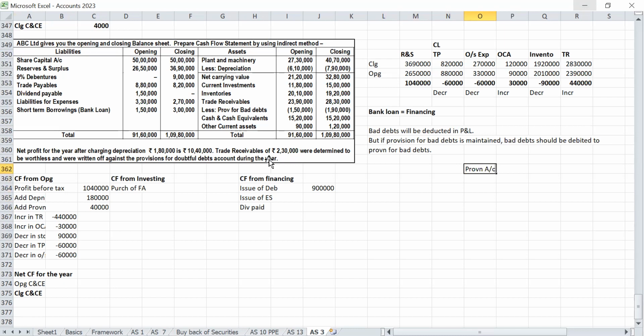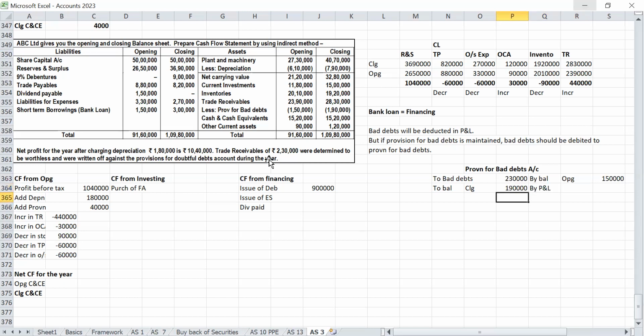What is the format for provision for bad debts account? Provision is a liability. By balance brought down, opening balance 1,50,000. To balance carried down, closing required balance. And to bad debts, by profit and loss account. Opening balance is 1,50,000, actual bad debts 2,30,000, closing 1,90,000.